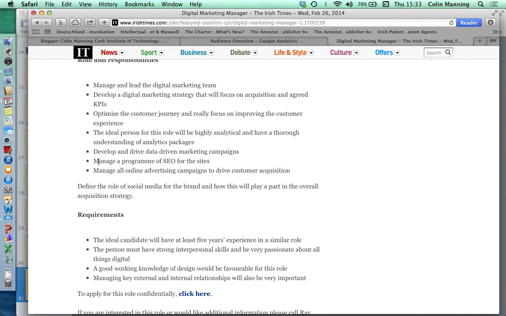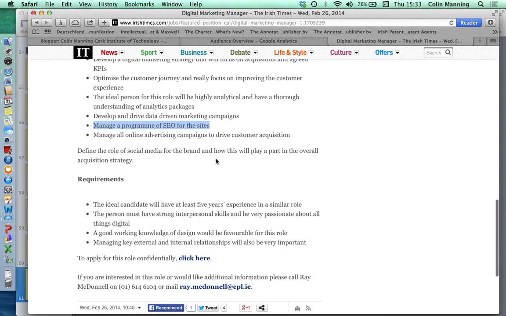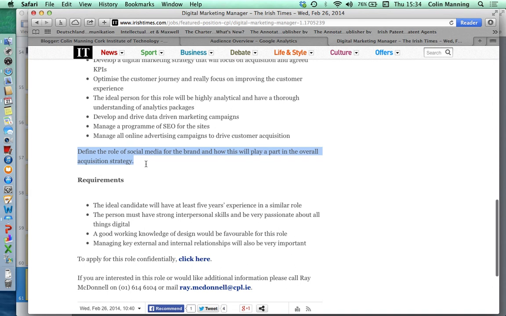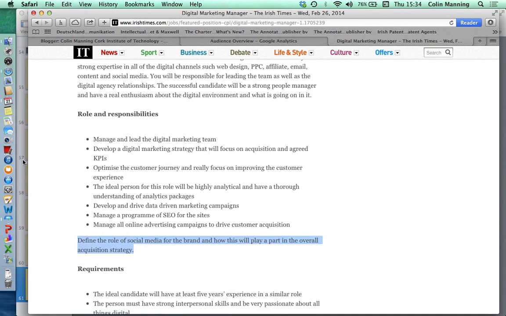Manage a program of SEO for the sites, search engine optimization. And a big thing nowadays is having an understanding of how social media works and how you can use social media to drive traffic to your website and hopefully get sales. So there's a whole business, even a whole job doing stuff like that. There's quite a lot to it.